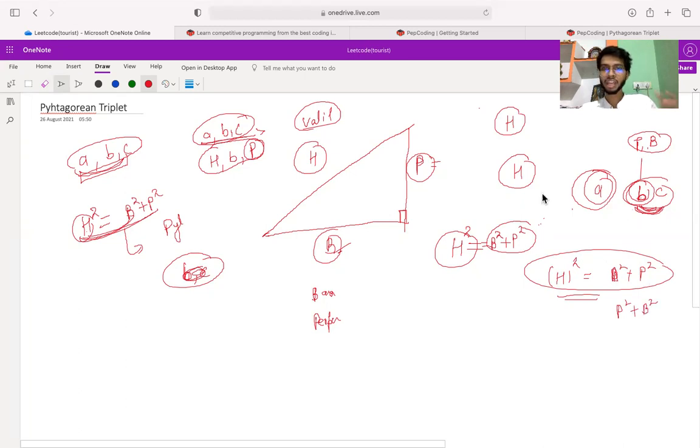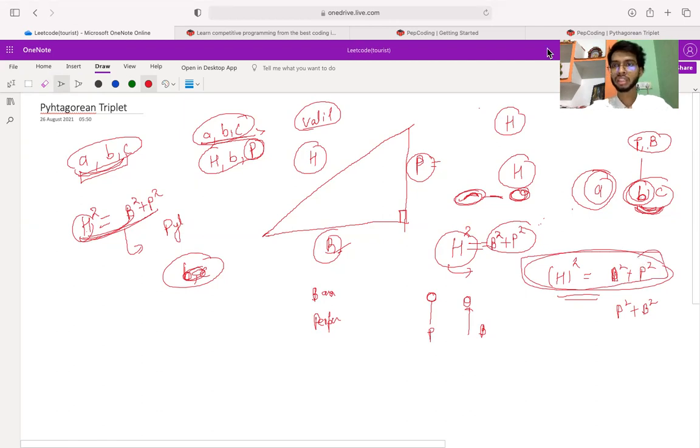If I'm able to find my hypotenuse, then of the remaining two values, one is going to be the perpendicular and one is going to be the base. So I don't need to worry about which is the base or which is the perpendicular, because I just need to prove this condition only. Okay, so I hope you get the idea.